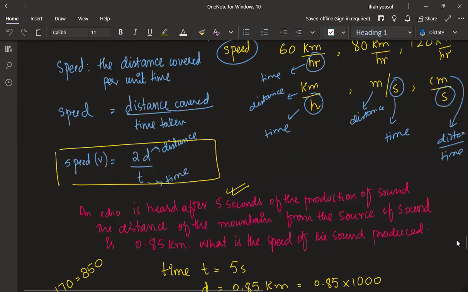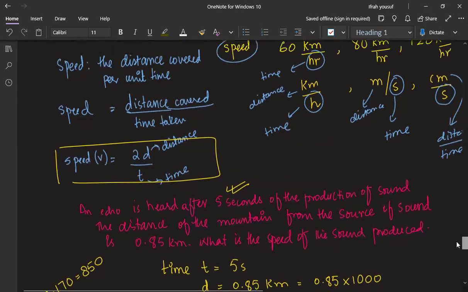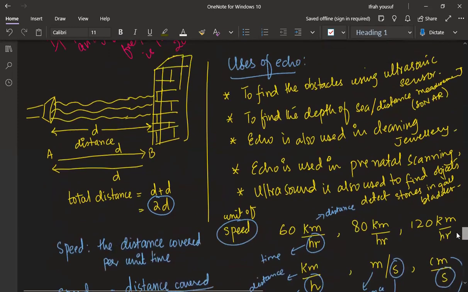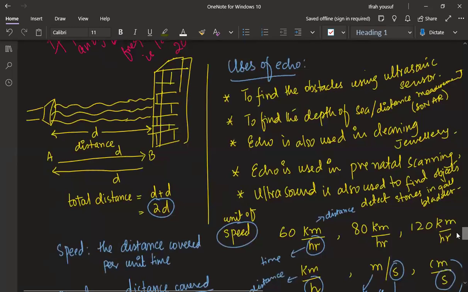And ultrasound is also a type of sound, that is, sound greater than 20,000 hertz. That is used to detect stones in the gallbladder, and for scanning different objects in the body.